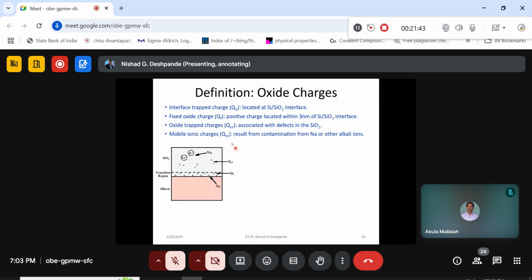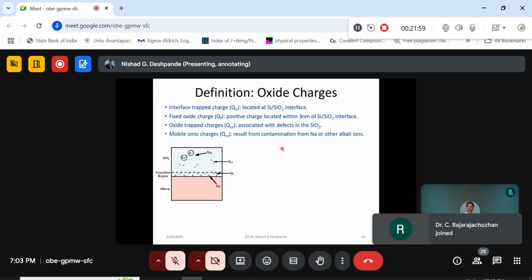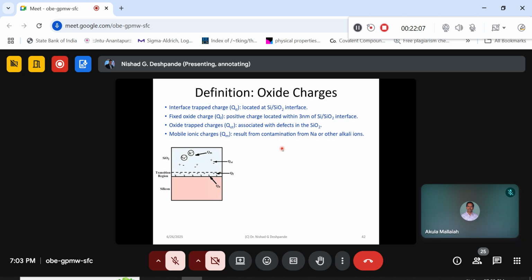In case of your mobile charges, I just mentioned that this is because of contamination. Sometimes, whenever you are trying to thermally oxidize the silicon layer, and by some ways you already had done previous oxidation using different kinds of gases, then in the chamber, if you don't purge out all the gases, still along the walls of the chamber there can be some adsorption taking place.